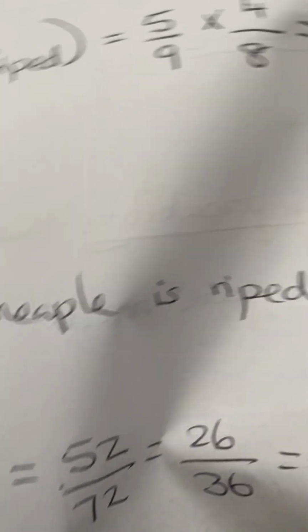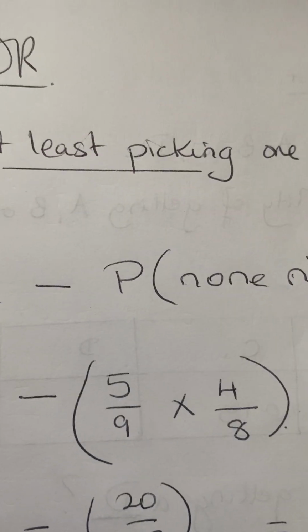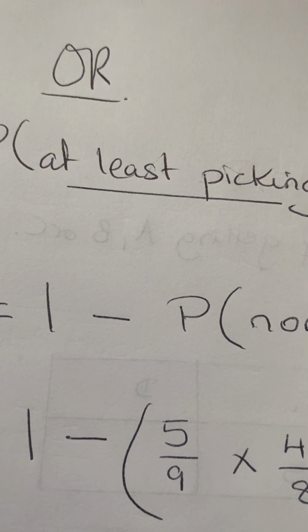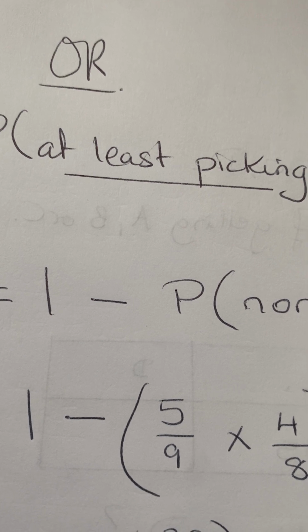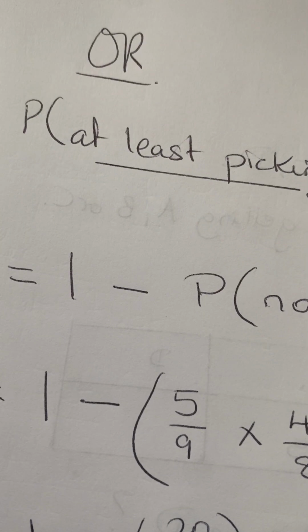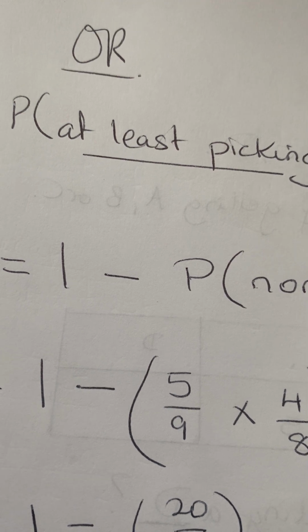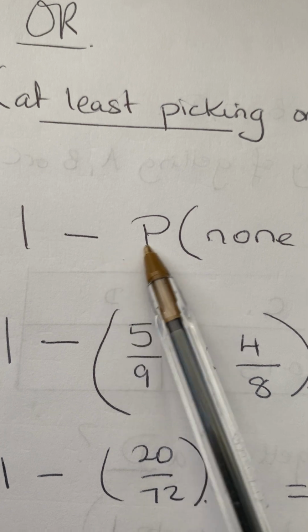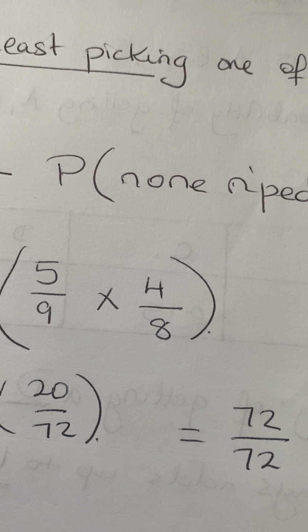Now the second method. Probability will always add up to 1. It never goes beyond 1. It never goes beyond 100%, if you are putting it in percentage. So if the probability adds up to 1, then you can take it from the probability of no ripe.